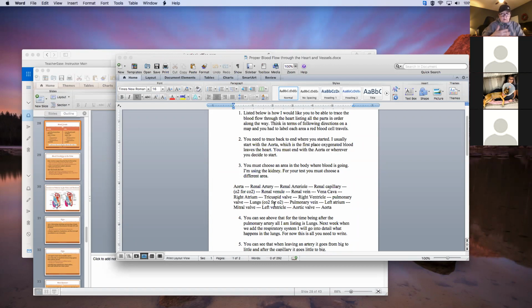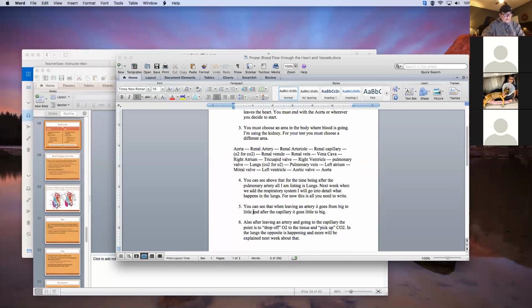So for now, I just want you to put lungs, CO2 for O2, and then how it comes back. And I just put little notes here. When you leave an artery, like from the heart, it's going big to little, and then when it goes back, it's little to big.